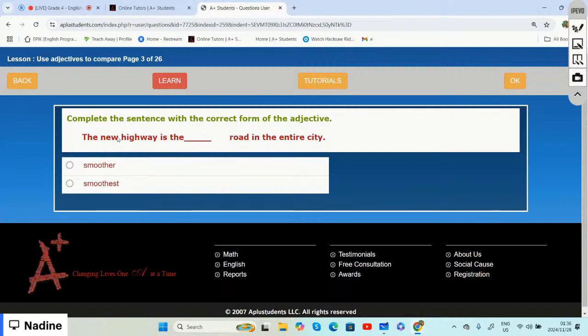And if we were to choose the correct option, we are comparing this new highway to all the other highways in the entire city. So do we say it is the smoother road or the smoothest road?